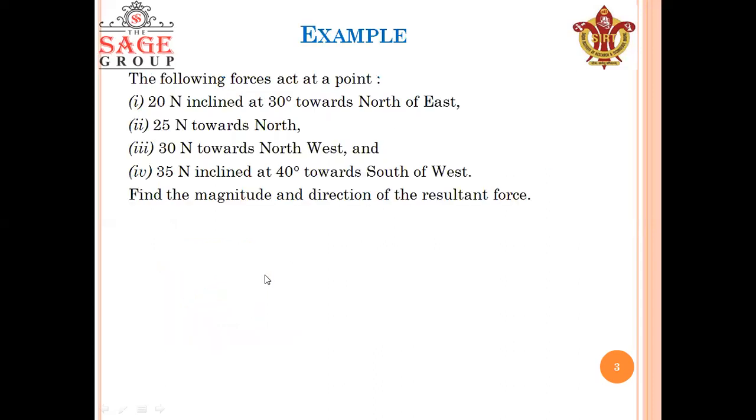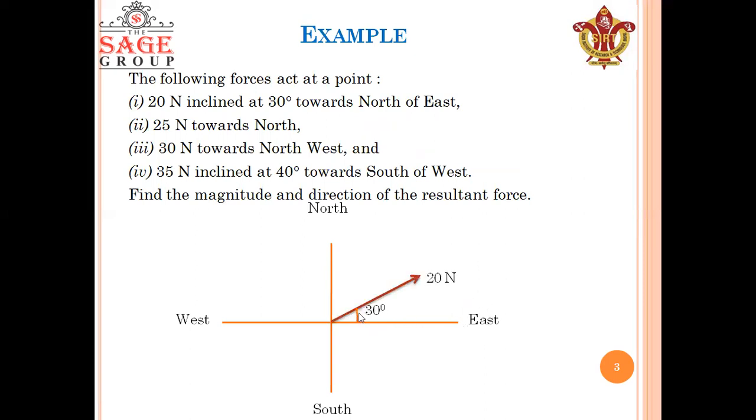Now we can understand this resolution of forces with the help of one example. The following forces act at a point: 20 Newton inclined at 30 degrees towards the north of east. Here are east, north, west, south. Next, 25 Newton towards the north.